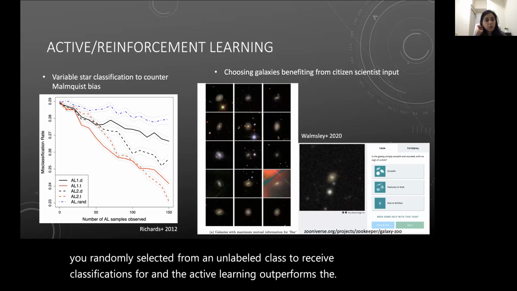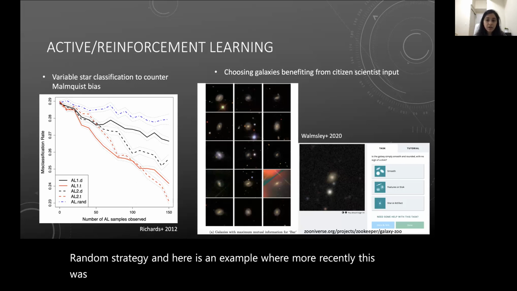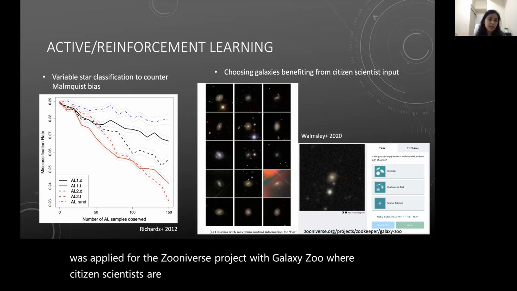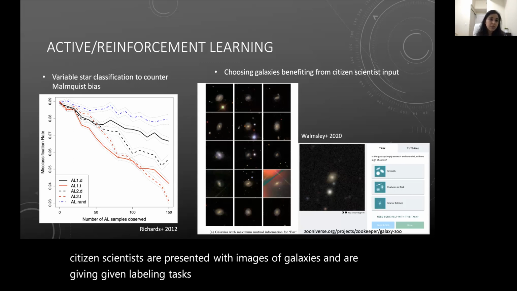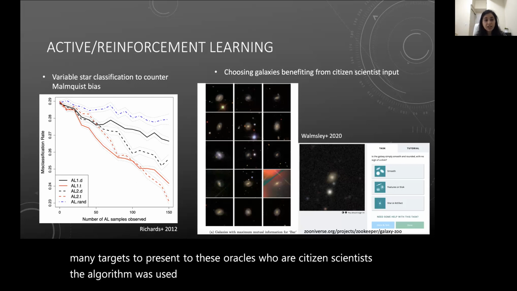And here is an example where more recently this was applied for the Zooniverse project with Galaxy Zoo, where citizen scientists are presented with images of galaxies and are given labeling tasks. Because there are obviously many targets to present to these oracles, who are citizen scientists, the algorithm was used to select objects that would be most beneficial to be presented to the user.